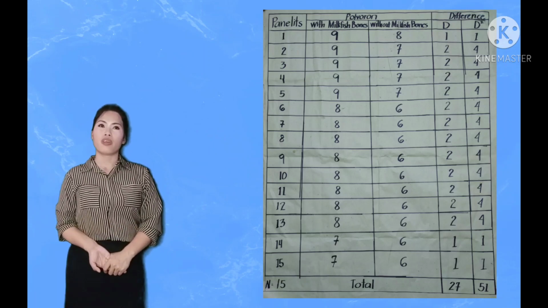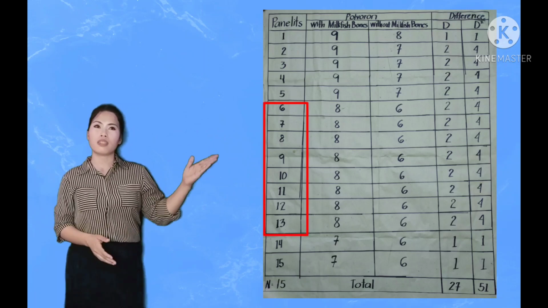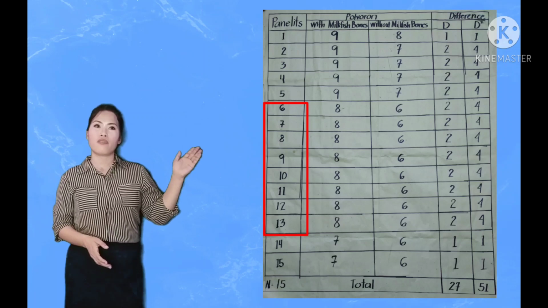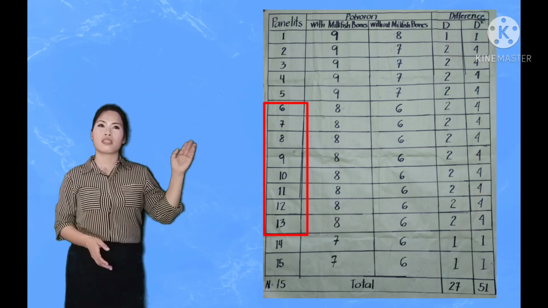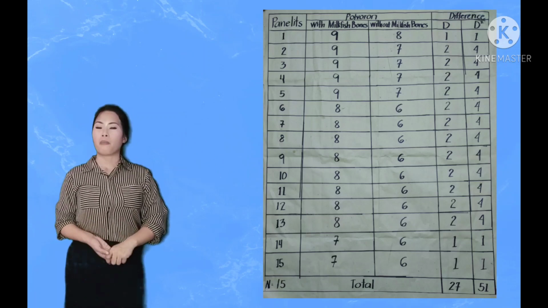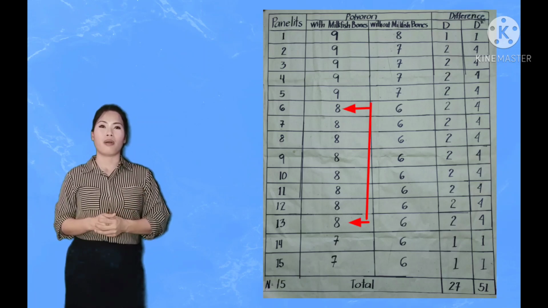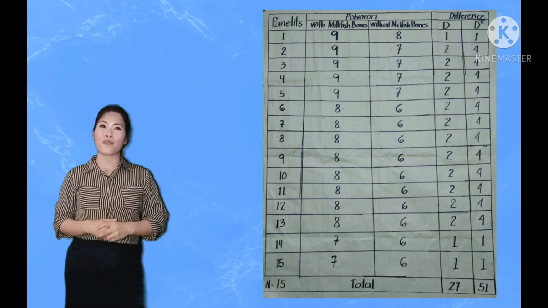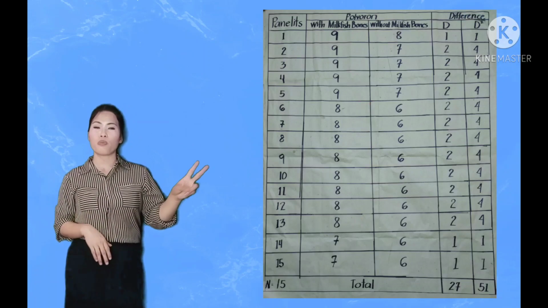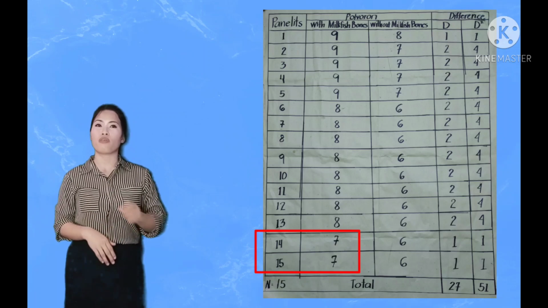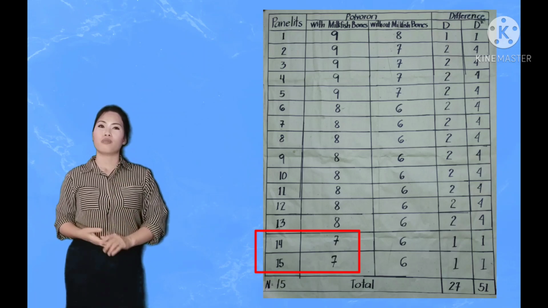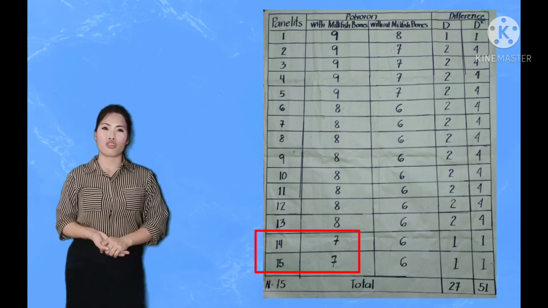Now there are 8 panelists who gave a score of 8 to the pulveron with milkfish bones. And there are 2 panelists who gave a score of 7 to the pulveron with milkfish bones.